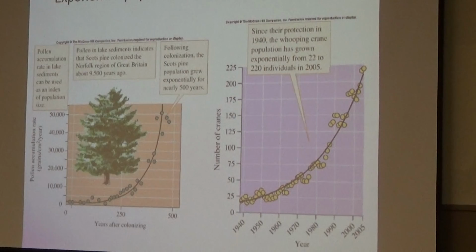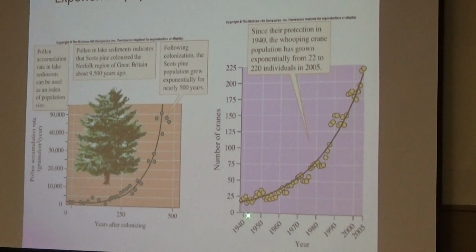When this tree population colonized the new habitat, there were not that many seed predators, so there weren't factors that could limit births or cause extra deaths in the population. So there wasn't anything in particular limiting this population at first. Looking at historical records after colonization, we see this population growing exponentially.